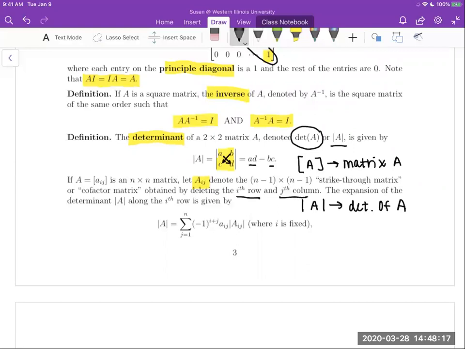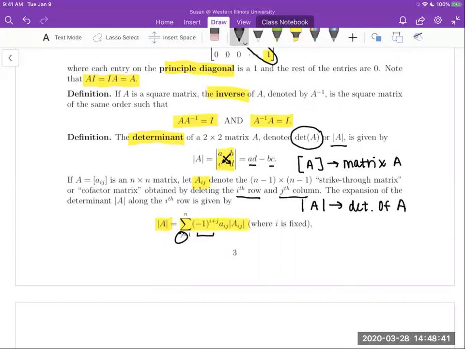And this is done in the following way. So the formula is the determinant of A is going to be the sum where you're summing over j, your column in this case. So what does this say? First of all, we have an alternating sign, a (-1)^(i+j).